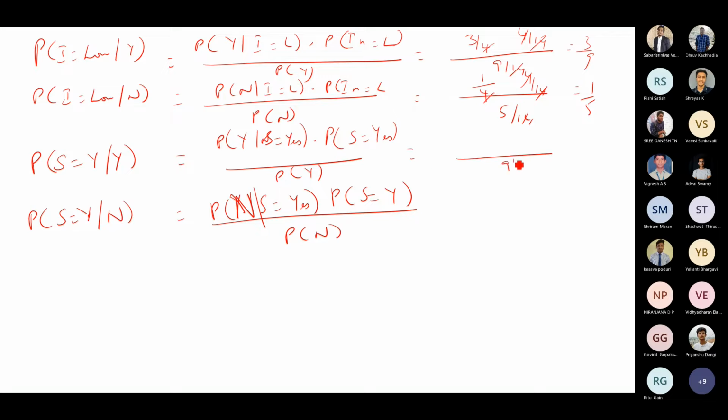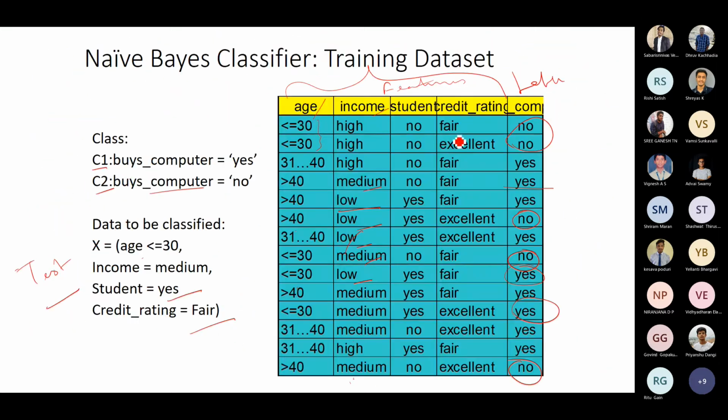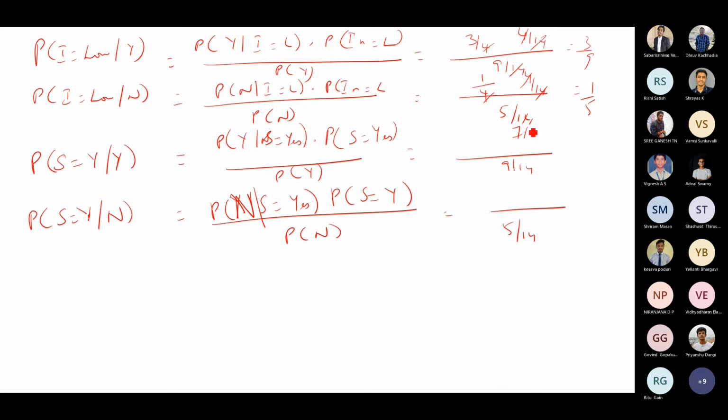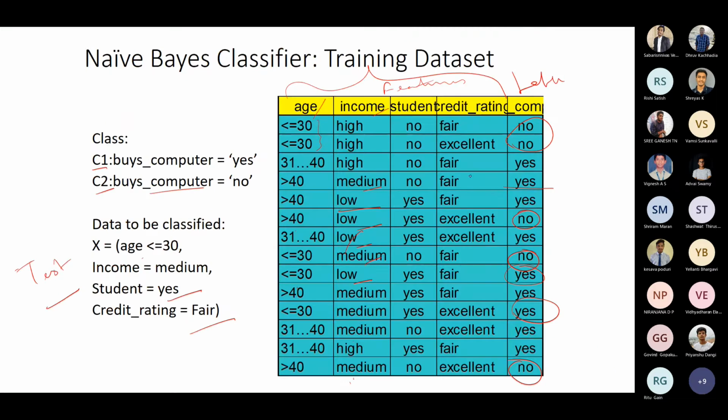So the denominator again is 9 by 14 and 5 by 14 here. Student is equal to yes: here I have 1, 2, 3, 4, 5, 6, 7. 7 for student. So this is 7 by 14. And out of this 7, how many bought computer and how many did not buy computer?